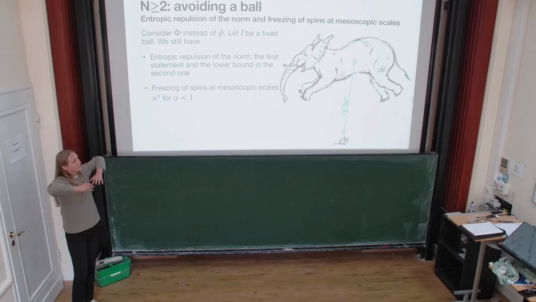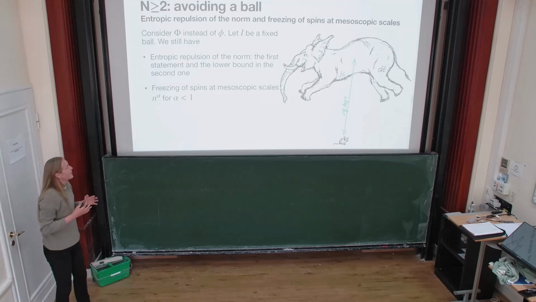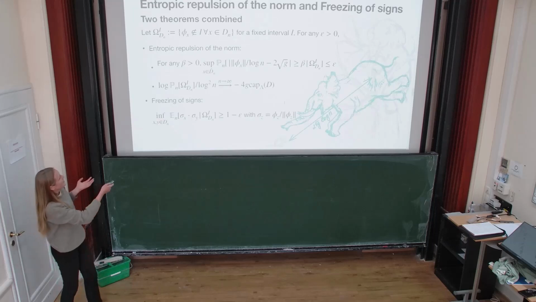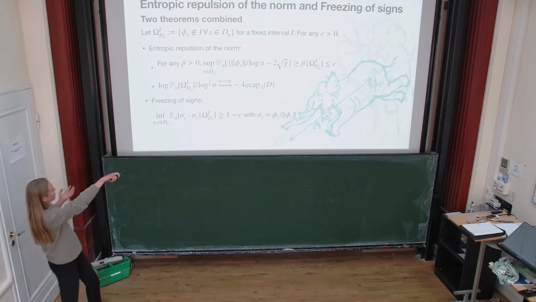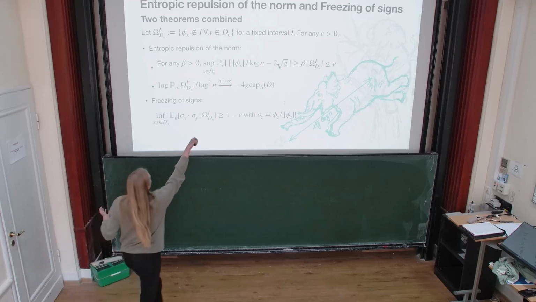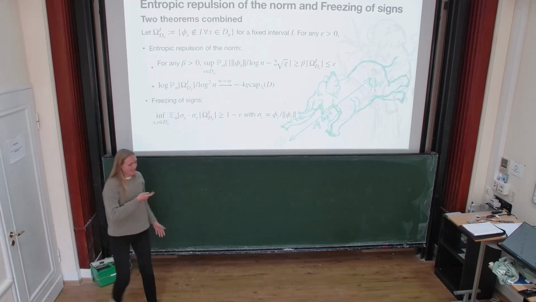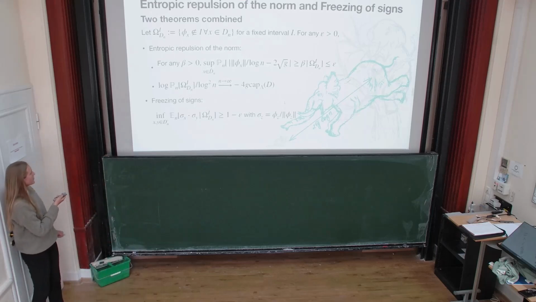The field really wants to run away, and we still have the lower bound. And what we know is the freezing of spins.